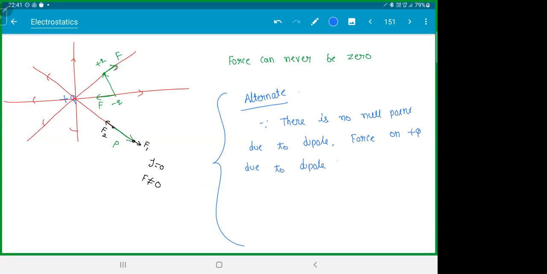By Newton's third law, force on dipole due to Q can never be zero. Does that make sense? This is more of a statement thing, but yeah, that's the reason. Please check.